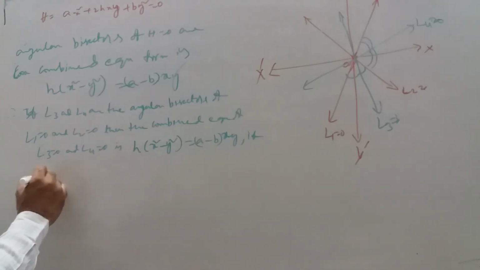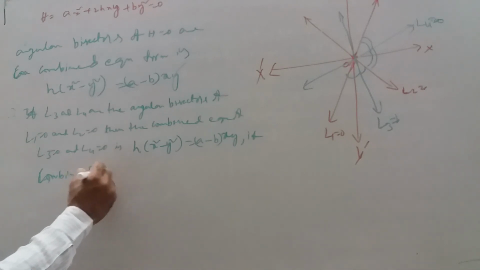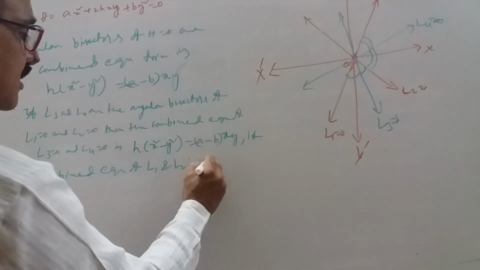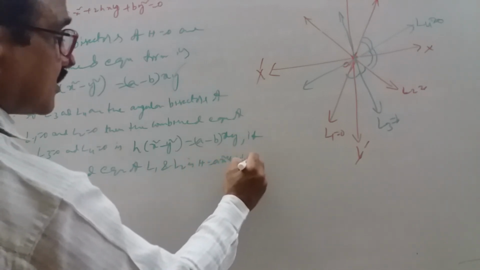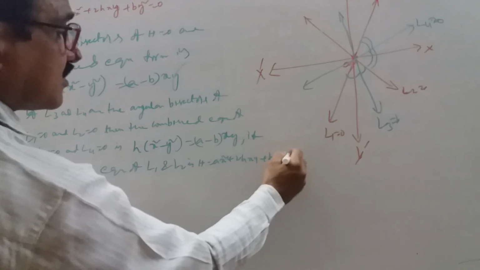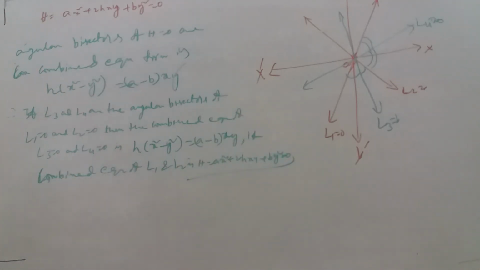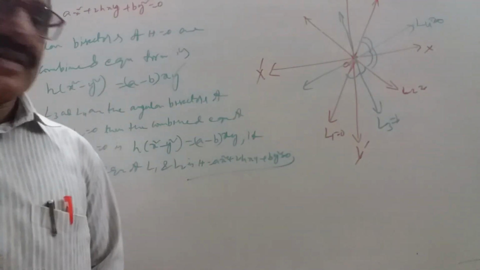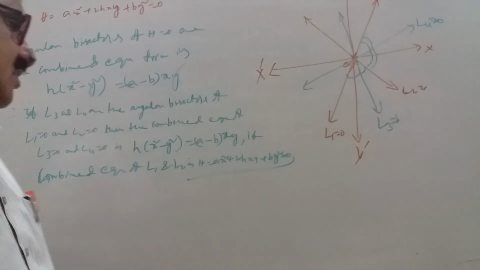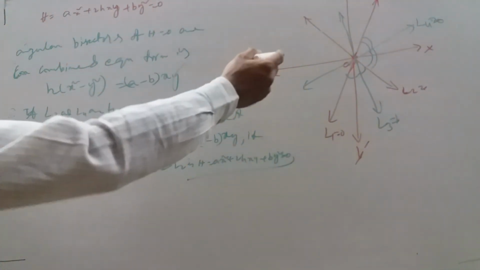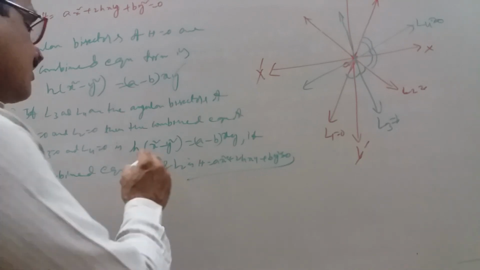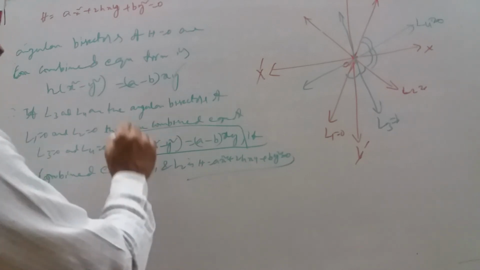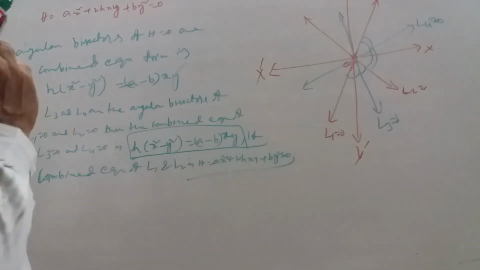If the combined equation of L1 and L2 is ax square + 2hxy + by square = 0, that means if the combined equation of two straight lines is a homogeneous equation, which are passing through the origin, then the combined equation of angular bisectors of the lines may be taken as h(x square - y square) = (a - b)xy.